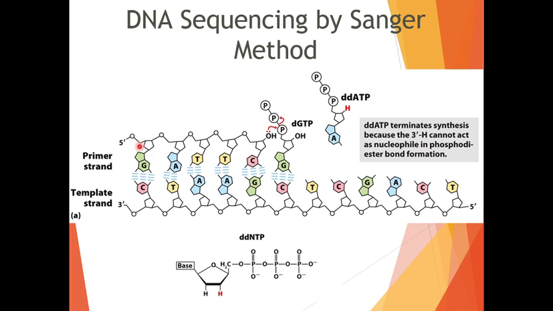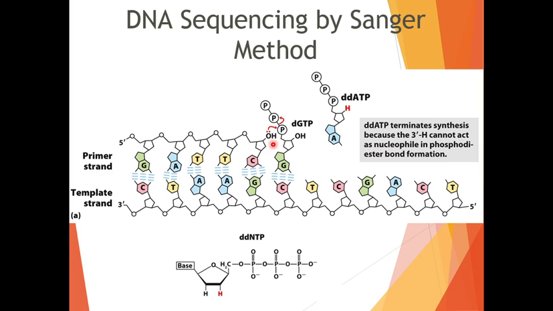Now, the cool part about this technology is that when DNA synthase works on the template strand, making a new strand using a primer strand, and if you give a ddNTP, for example ddATP, it uses it and attaches against this thymine. But the moment it does that, it cannot attach the next sugar because a 3' hydroxyl is required for it to attach the next sugar, as shown here, right?